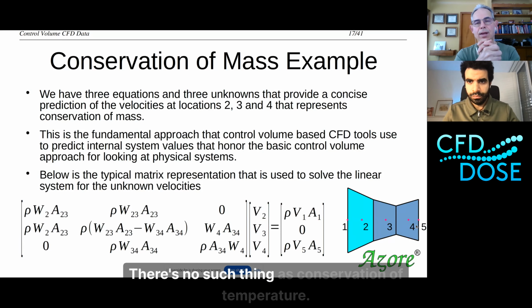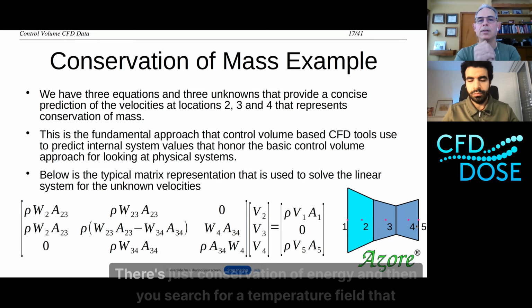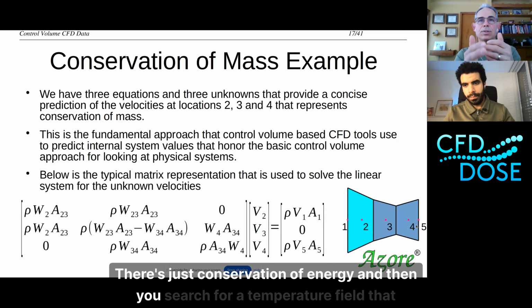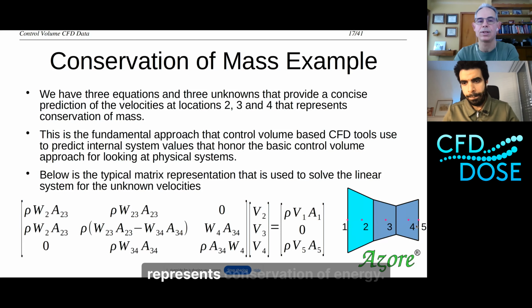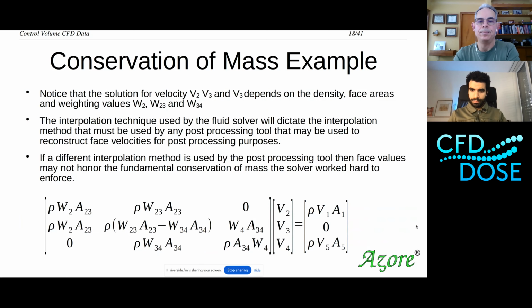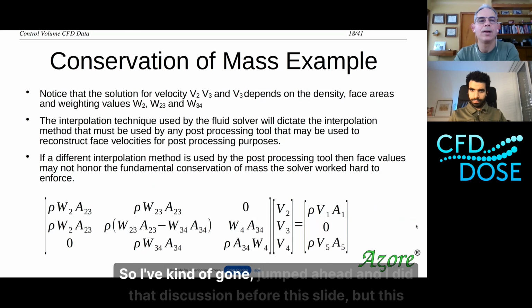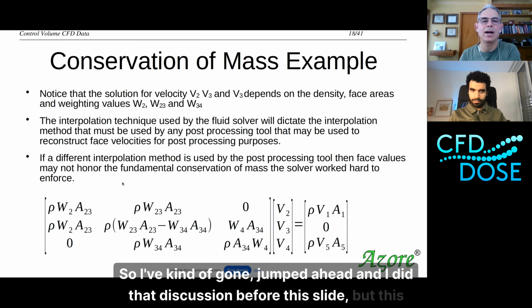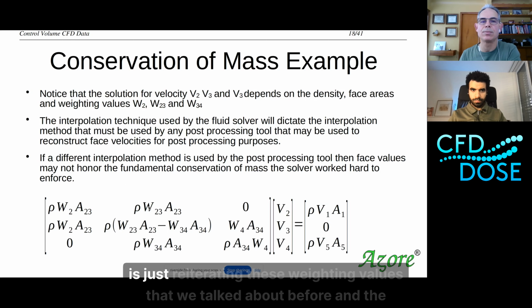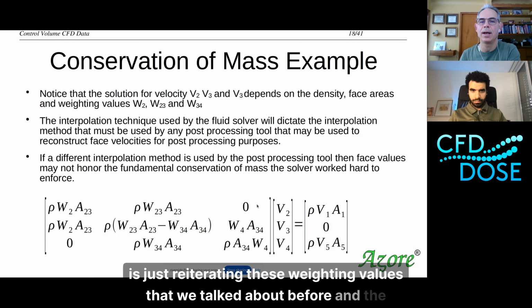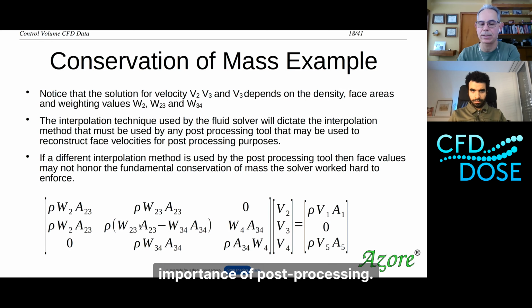There's no such thing as conservation of temperature. There's just conservation of energy, and then you search for a temperature field that represents conservation of energy. So I've jumped ahead, and I did that discussion before this slide, but this is just reiterating these weighting values that we talked about before and the importance of post-processing.